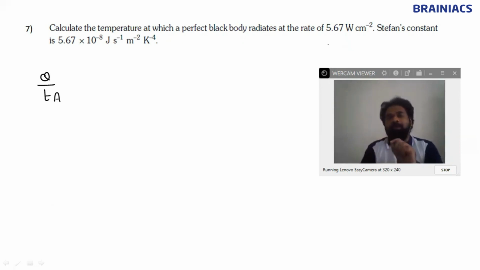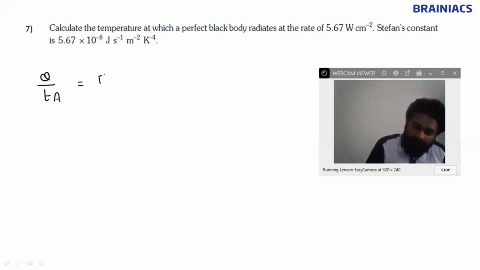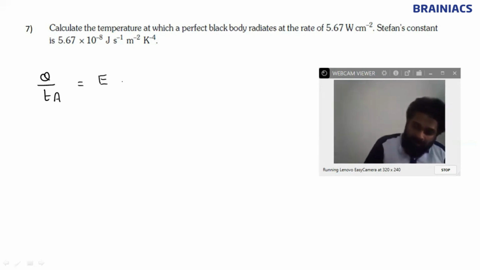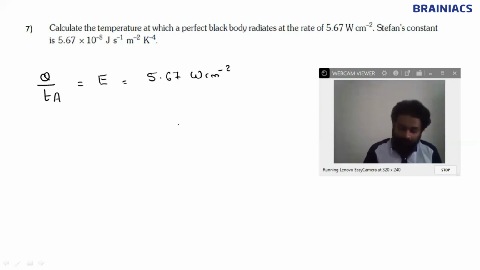From the unit, we must understand this is given as radiation per unit area per unit time, so Q by t A, which while discussing the theory we wrote as E, is equal to 5.67 watt centimeter raised to minus 2. This is what is given.